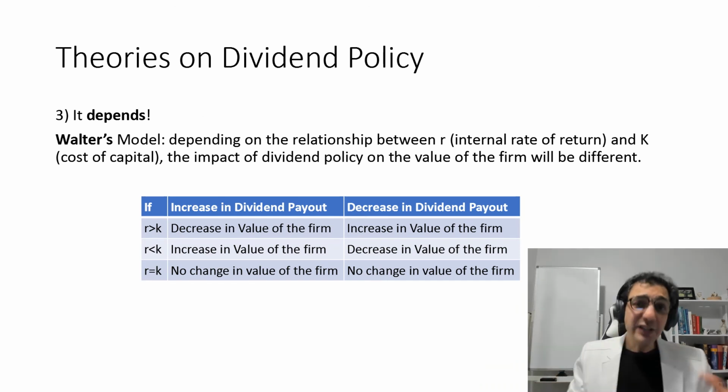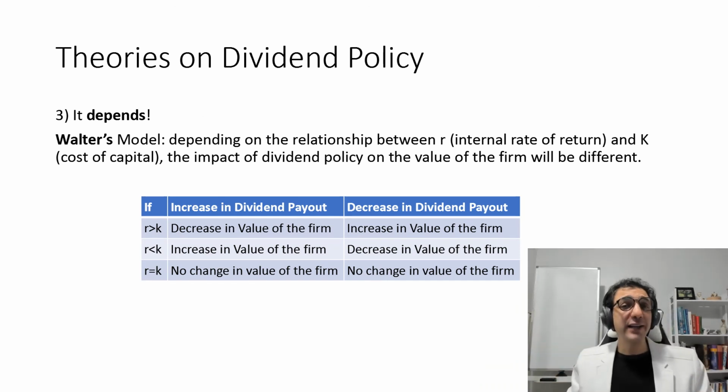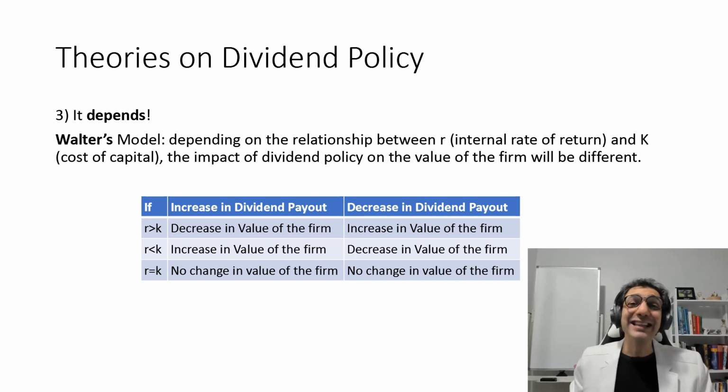Now, the third type of theory says that it depends on several factors whether the dividend policy is relevant or not. Mainly, they're talking about the cost of capital and the rate of return of the company.